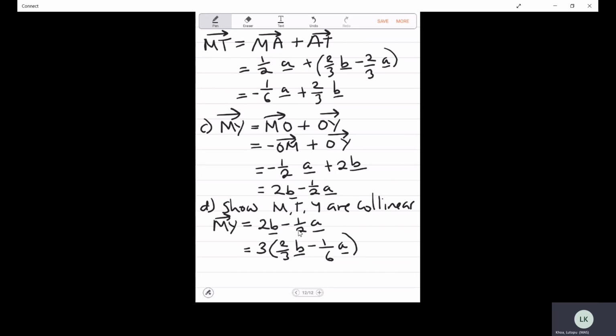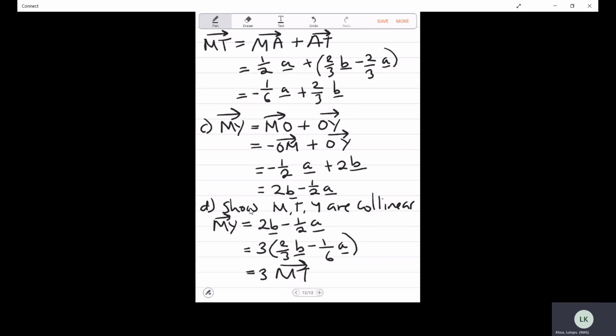So this is 3MT, 3 multiplied by MT. So you can see that these 2 vectors, MT and MY, have a point M in common, and one is a scalar multiple of the other. Therefore, the line MTY is in fact a straight line.